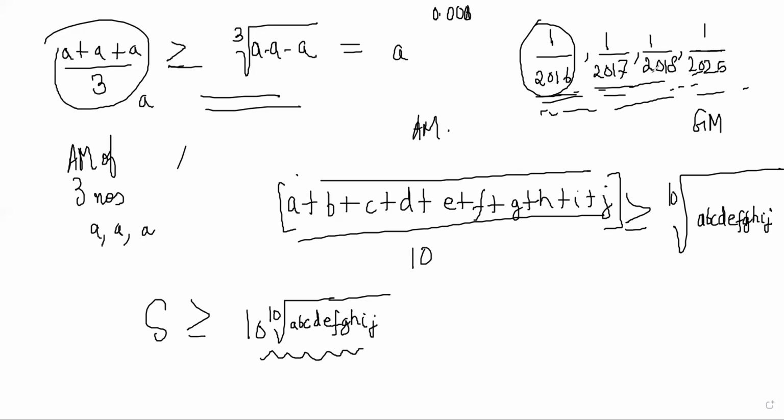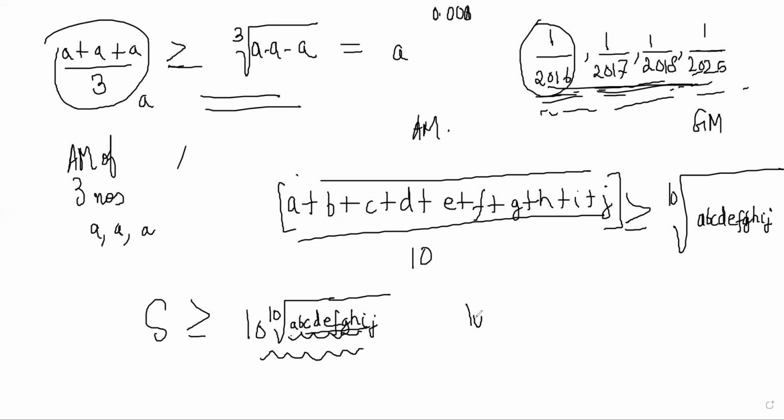Or you can just take the average of these. Instead of taking 1 by 2016, I will take 1 by 2020. Each of them is close to 1 by 2020, so I multiply all of them. Some of them are actually smaller, some are actually bigger, but the overall product will be more or less the same.